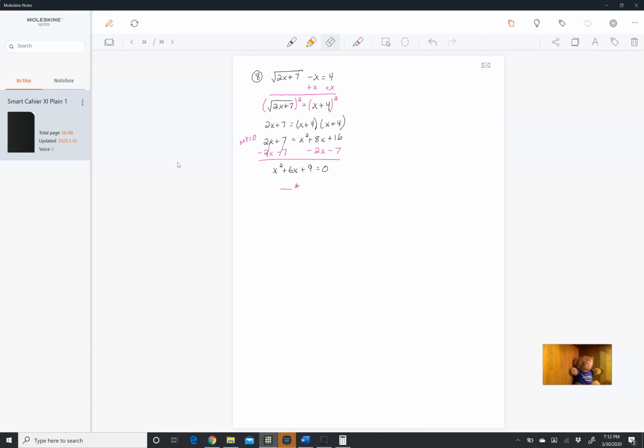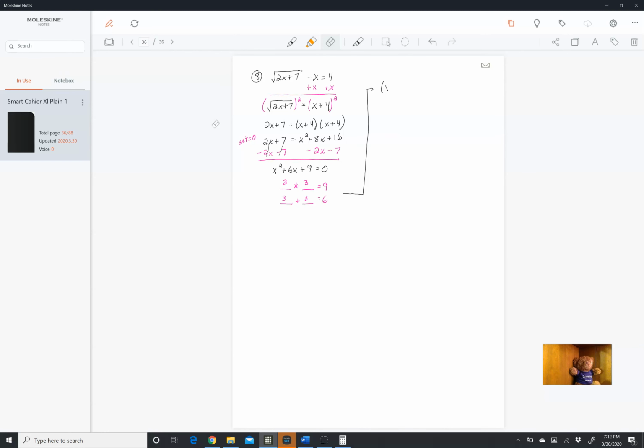So we need two numbers that multiply to 9 and add to 6. Those numbers are just 3 and 3, which means that I'm going to move this up here. Again, just trying to save room. Okay.